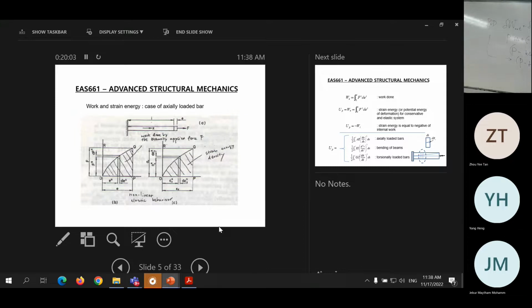So the relationship is given by this curve here. Also, it is generally non-linear. So this represents the general case where the material can be non-linear. But later, when we restrict our problem to linear, this becomes a straight line.